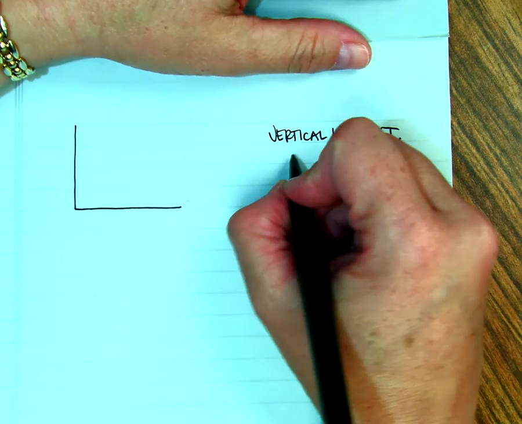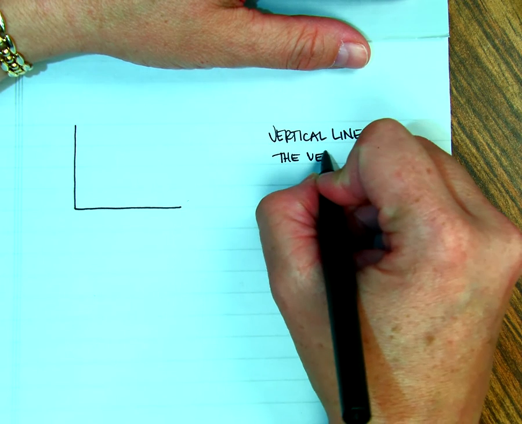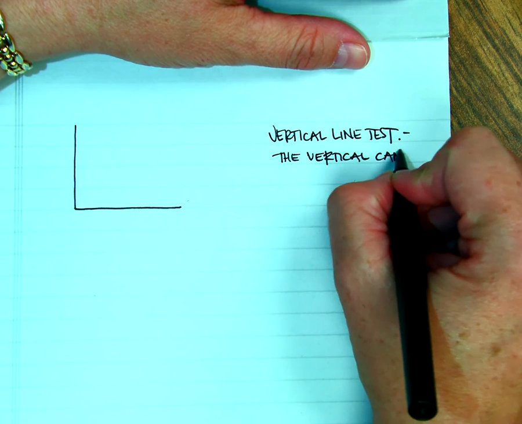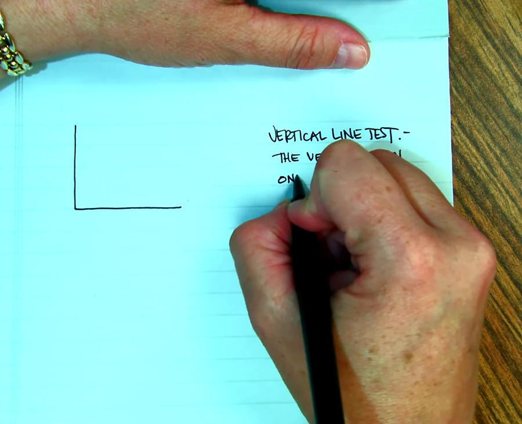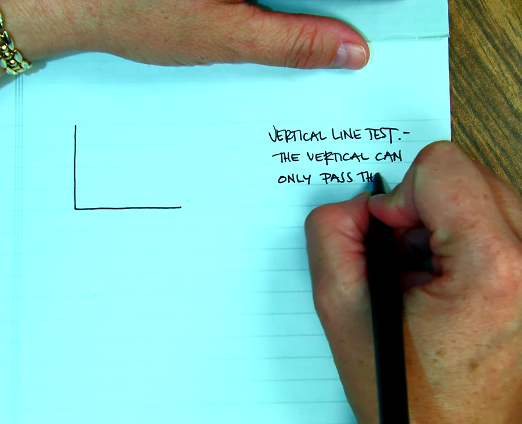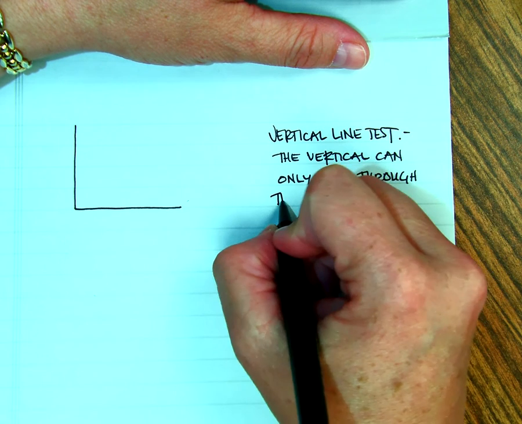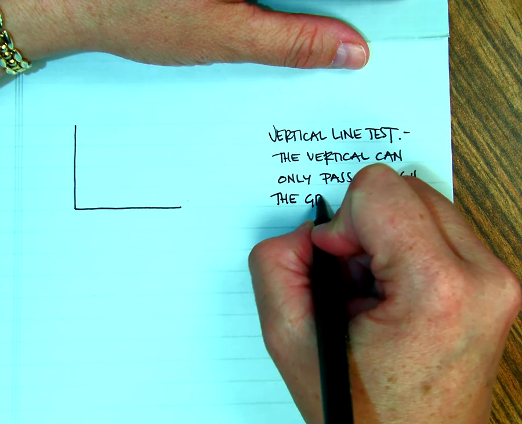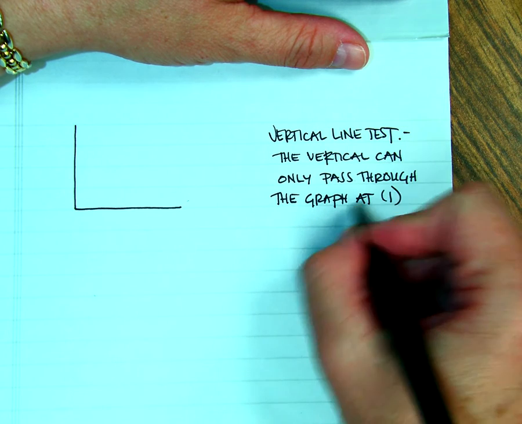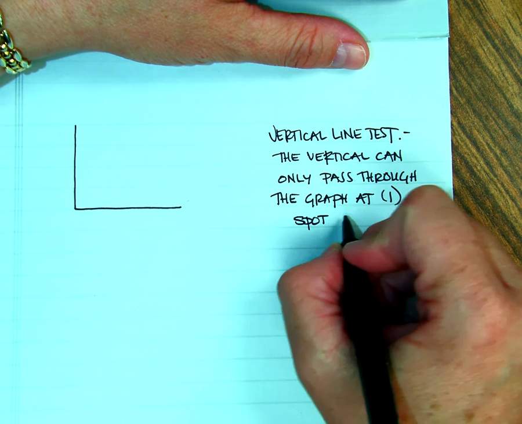The vertical line can only pass through the graph at one spot, or in one point.